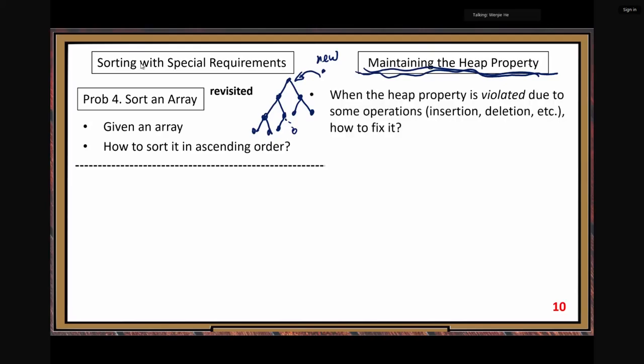When the heap property is violated due to some operation, insertion, deletion, etc., how to fix it? We answer this question. Let's look at one typical region, this triangle P, L, R, a local triangle.